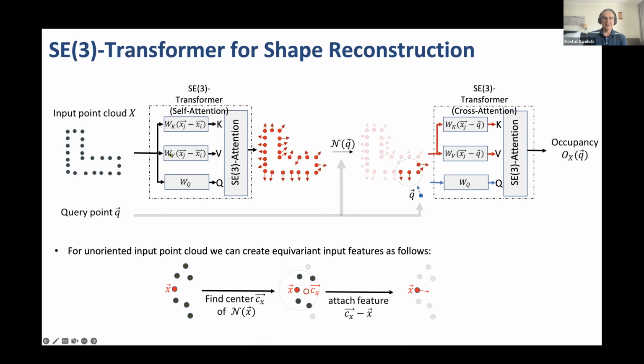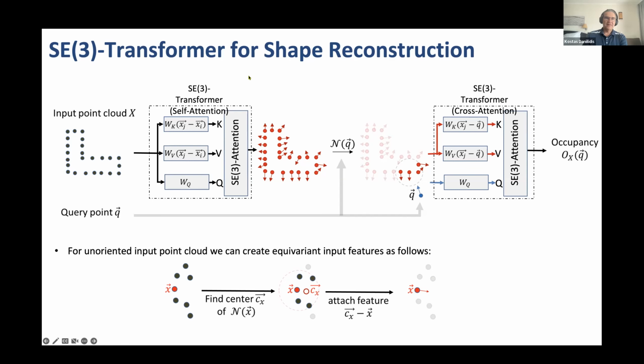We compute the differences between this and the center, and then we attach these differences as a feature. And then we have this self-attention here, and this is cross-attention.